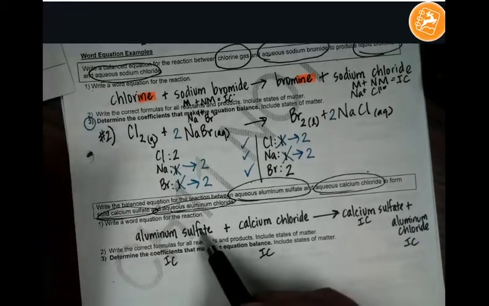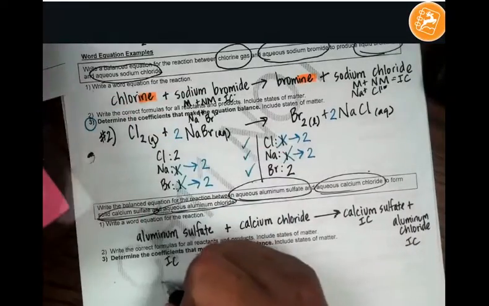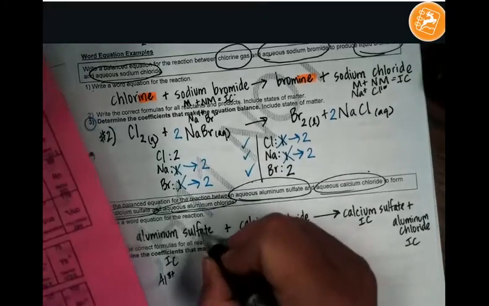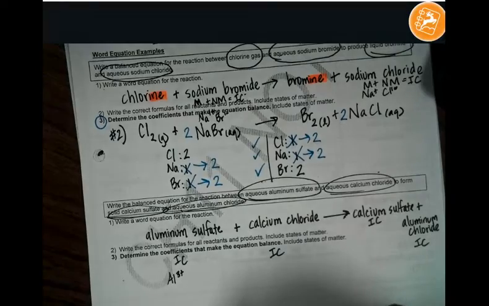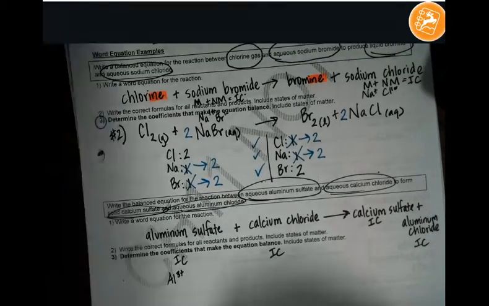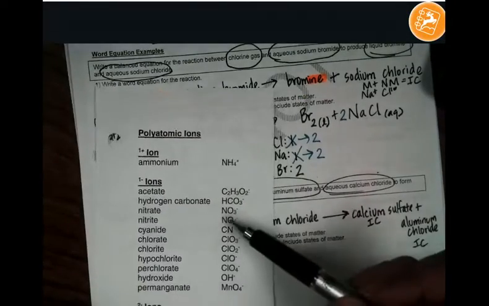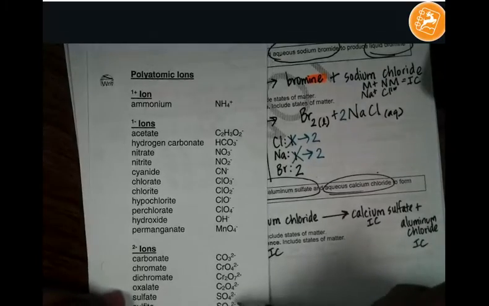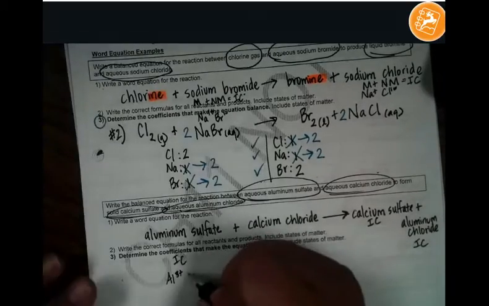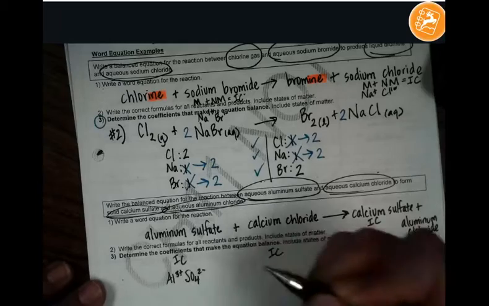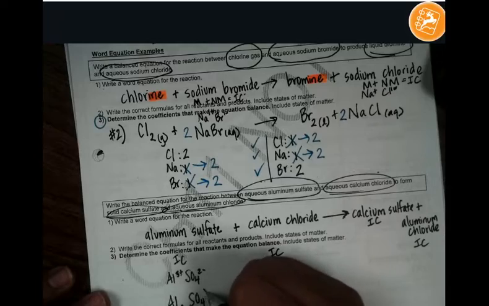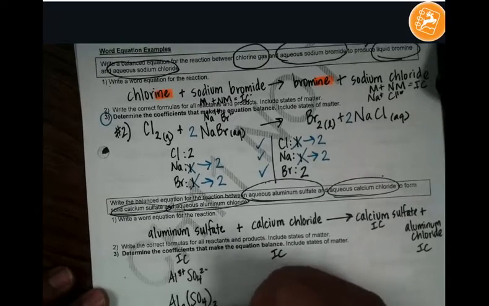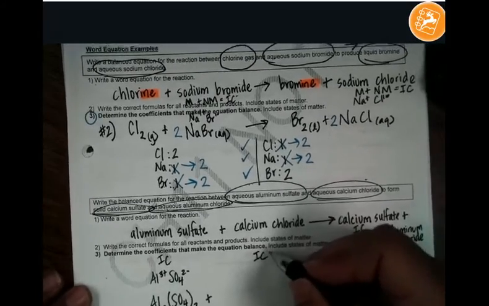So aluminum sulfate, Al is 3+, and sulfate is one of my polyatomics. Remember, if you don't know your polyatomics, you can have your sheet. Sulfate is SO4 2-. So when I reduce, crisscross that, I have Al2(SO4)3, plus calcium chloride.